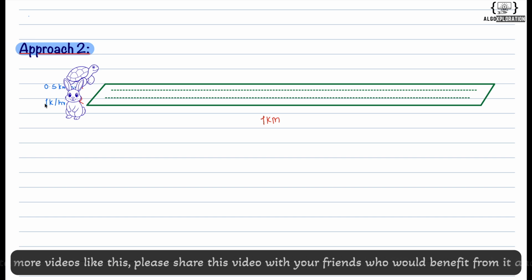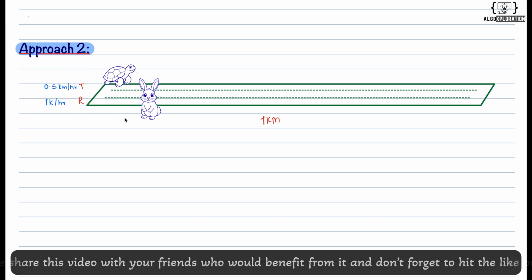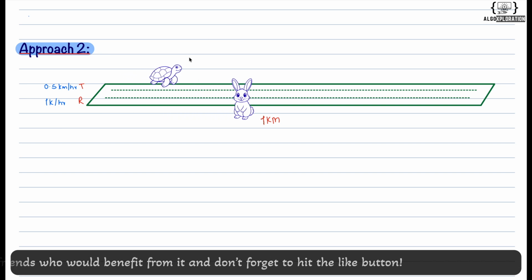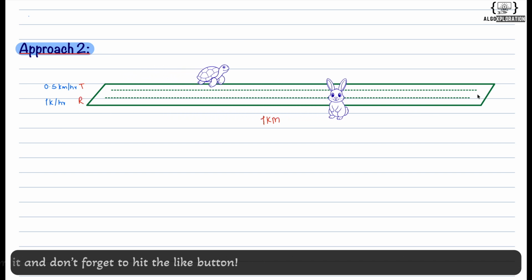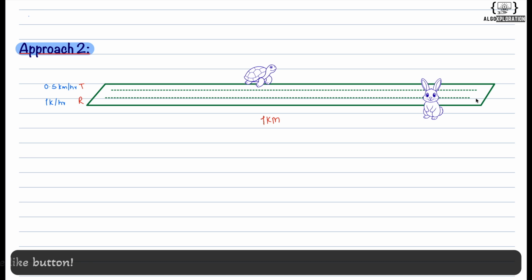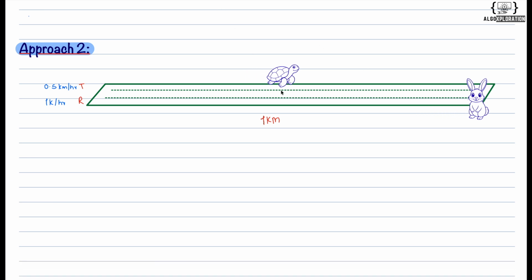So think about it. If this is a 1 kilometer racetrack, and the rabbit is touching the finish line, obviously the tortoise will be in the middle. Why? Because he has half the speed of the rabbit.